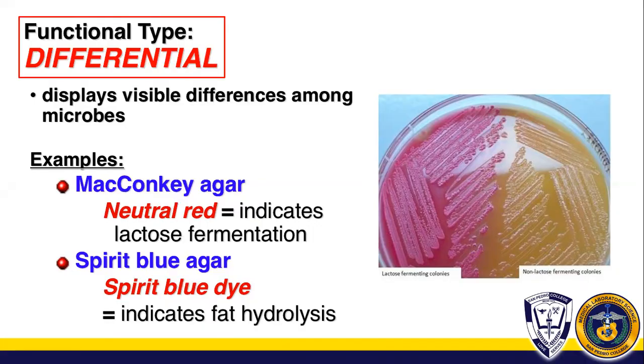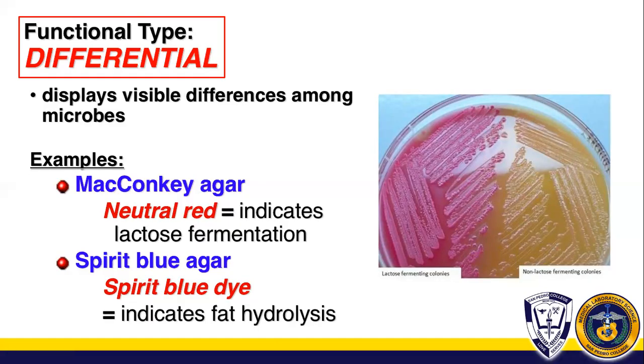Those bacteria that can grow on differential media can utilize those additives and appear as differently colored colonies. So we call it differential or indicator media, because indicators are usually added to differentiate one organism from another.